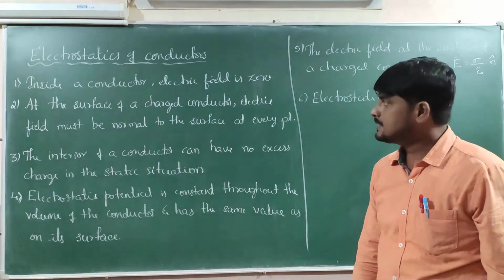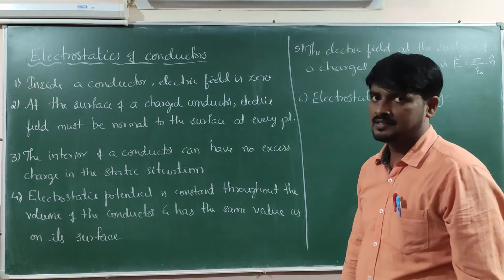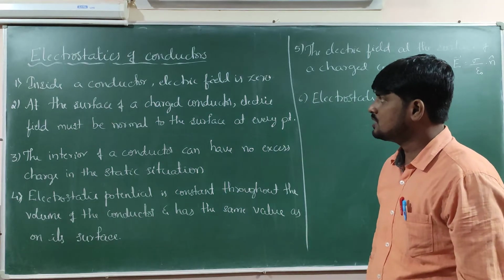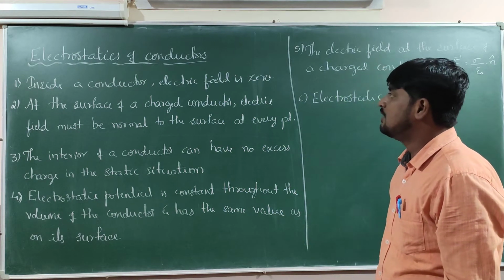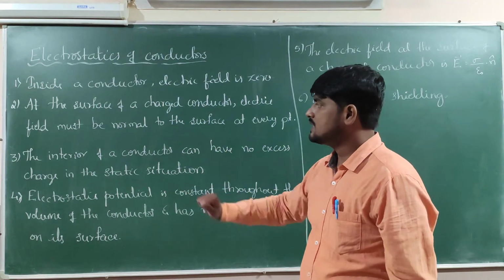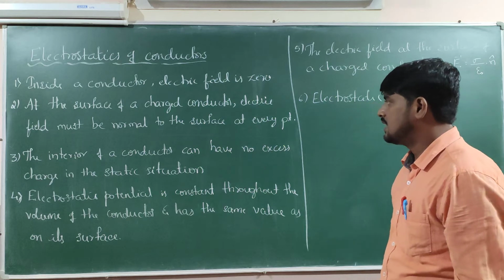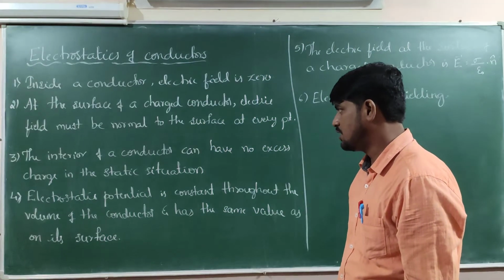The first point says, inside a conductor, electric field is 0. Second point, at the surface of a charged conductor, electric field must be normal to the surface at every point. Third point says, the interior of a conductor can have no excess charge in the static situation.